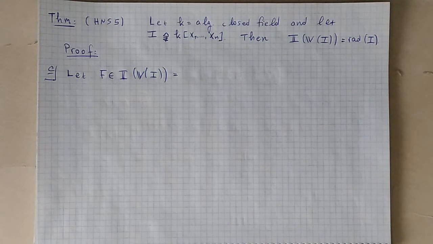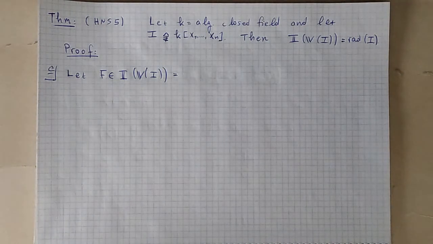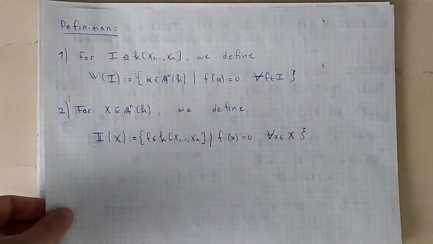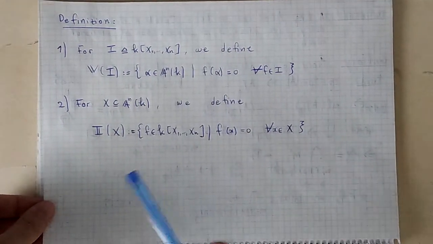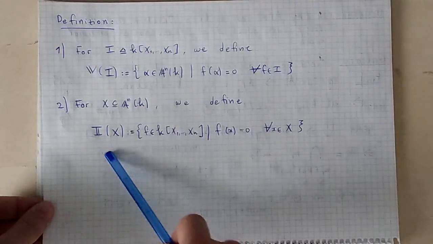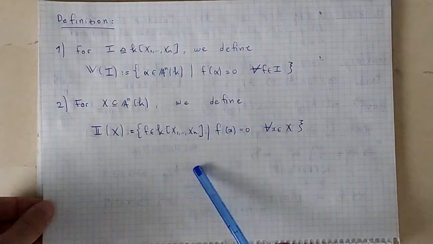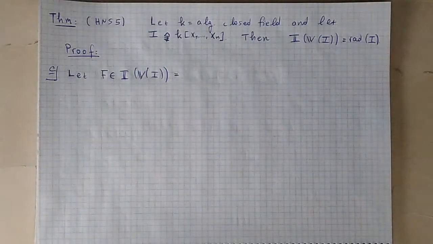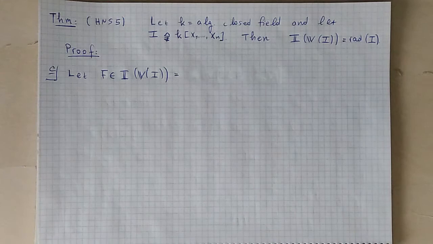I should have mentioned that it's easy to see that this I of X is always an ideal of the polynomial ring, though I'm not going to prove it. So let f be an element in this ideal, and we want to show eventually that f lives in the radical of I, which means that we have to find a power of f that lives inside of I.